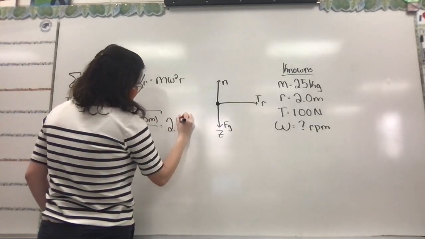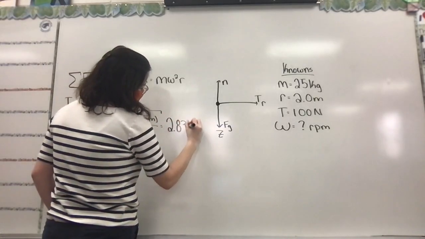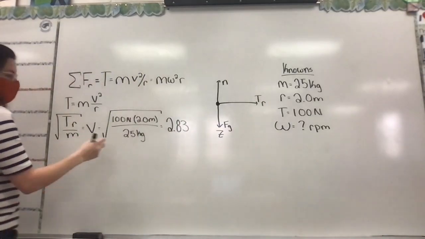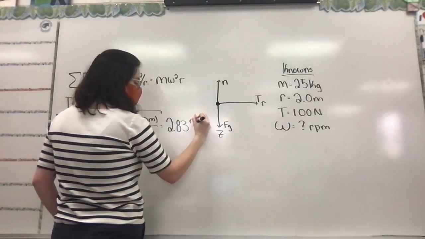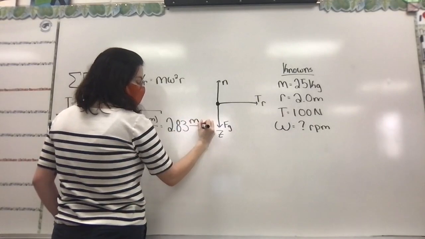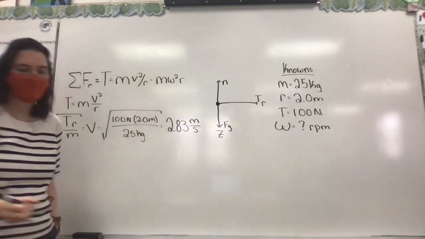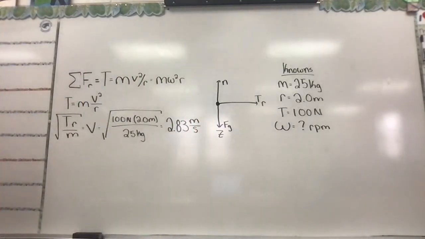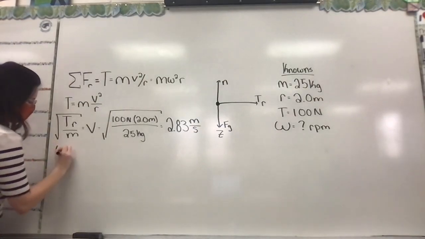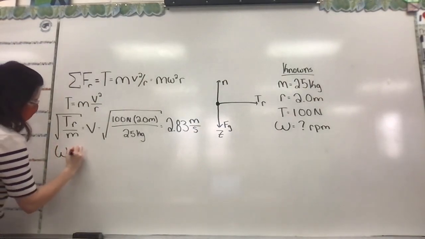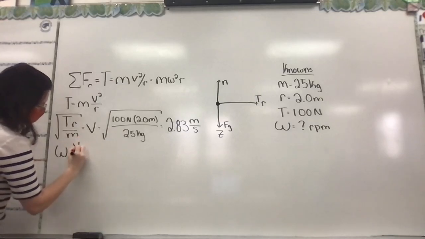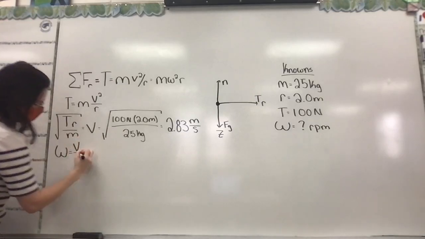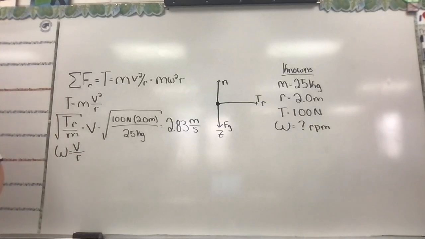What are the units? RPM. This is velocity. Yeah, okay, so we found velocity. Now we want angular velocity. Remember that we said omega is equal to v divided by r, right?